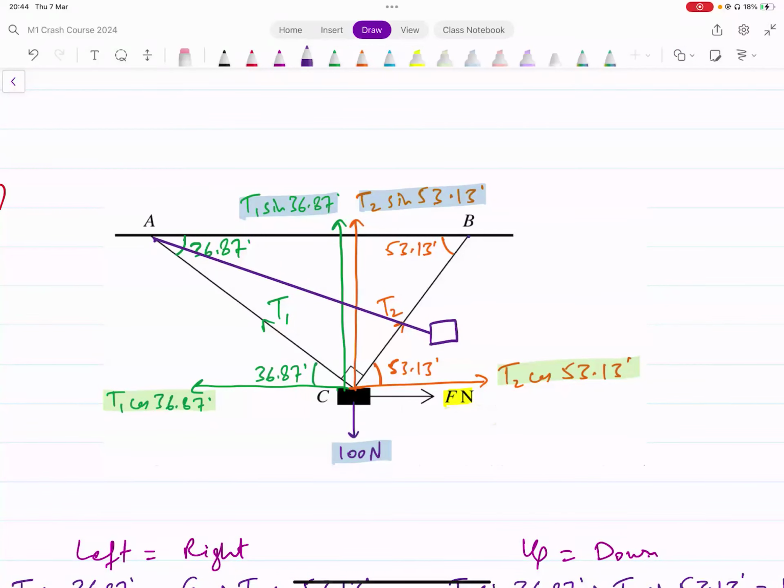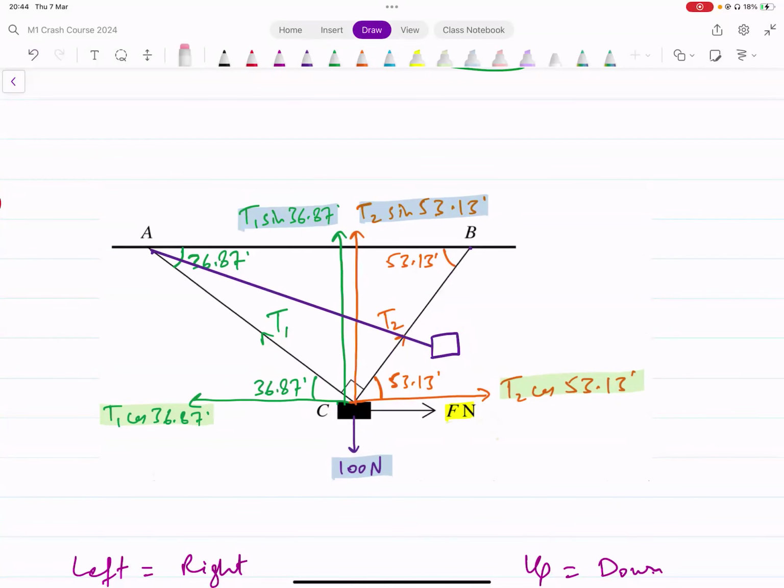And what about B? This was a much longer string. Now this block is closer to B. This string is going to be slack like this now. It's not going to be straight anymore. So when the object does move, the tension in string B is going to become 0 because it's not taut anymore. This string is now slack, so it can't really apply any force on this object. So tension in the second string becomes 0 when the object moves towards the right side.